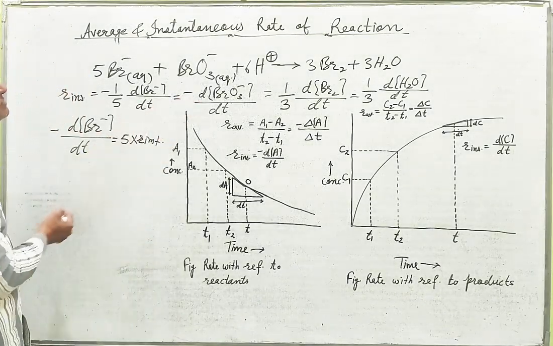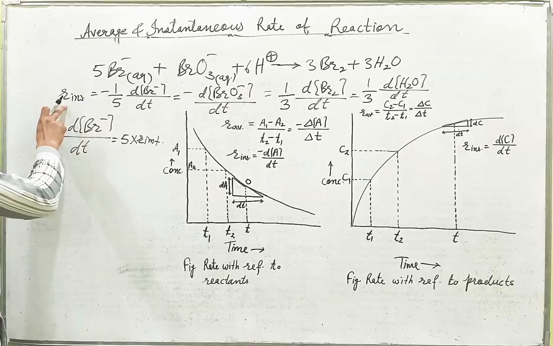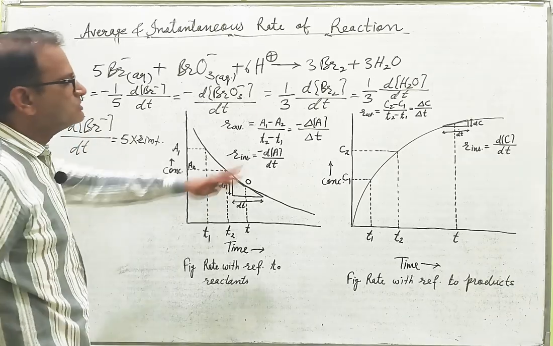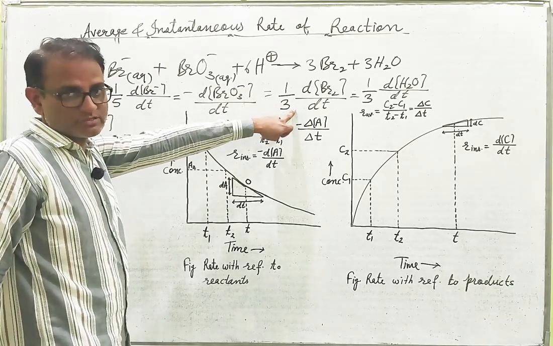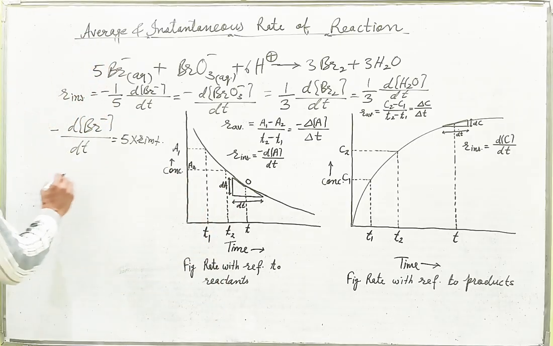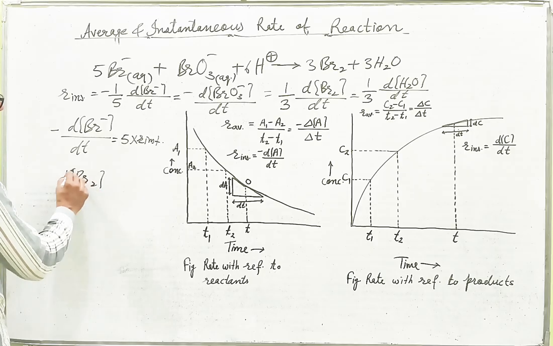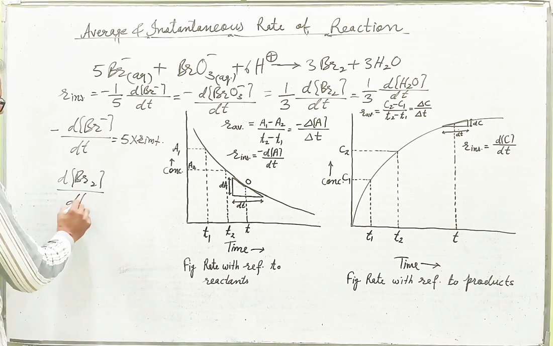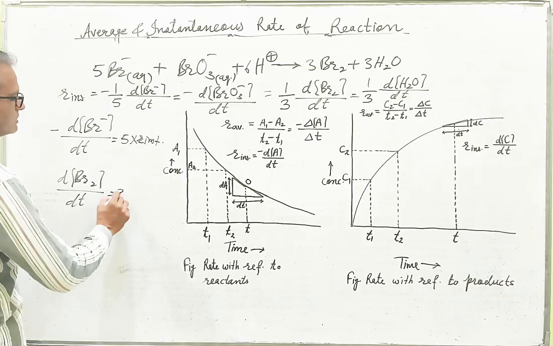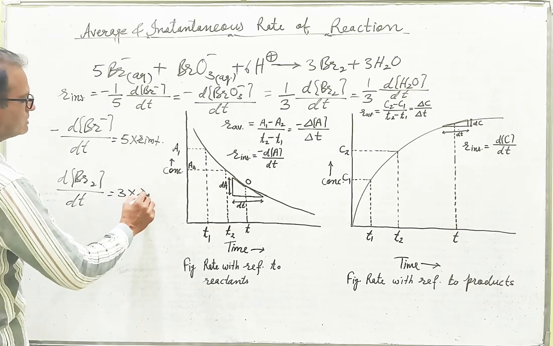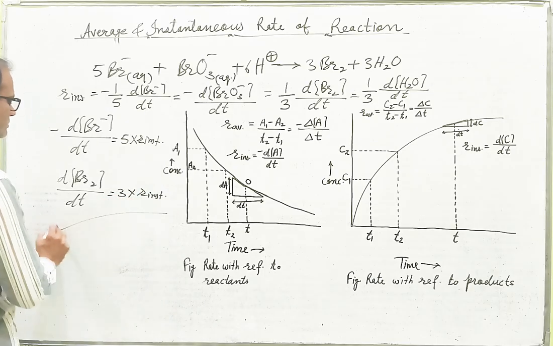Likewise, the appearance of bromine, d[Br2] upon dt, is equal to 3 into R instantaneous.